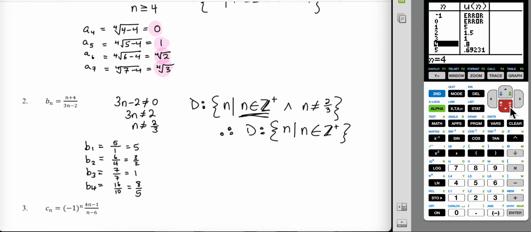All right, so let's see. 4 times 3 is 12, minus 2 is 10. So 8/5. That's not 0.8 though, is it? No, it's not. 4 plus 4 is 8. 3 times 4 is 12. This is interesting. It's funny.